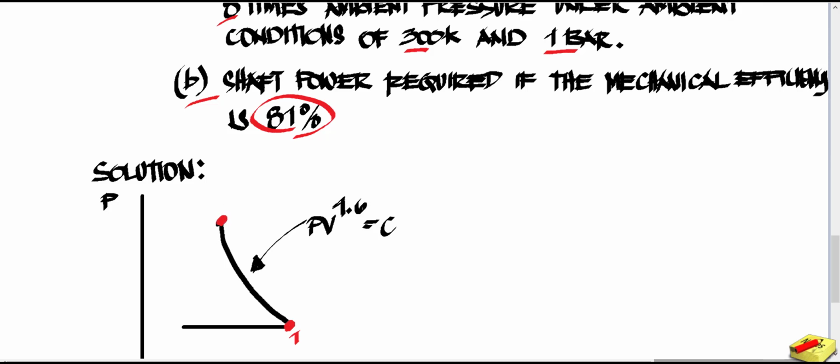This will become our point 2, compression at point 2. Then for the delivery, we have this one going to point 3, discharging of that one. Then going back for the suction stroke.